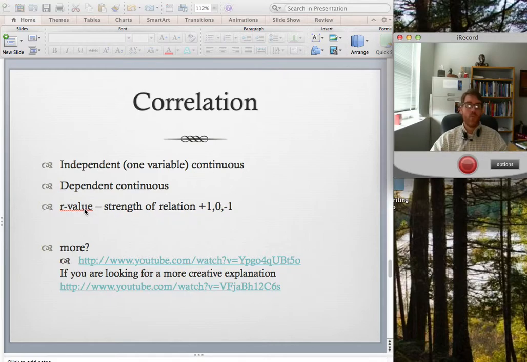This will give us an R value, which tells us the strength of that relationship. This is often called the Pearson's R correlation coefficient, or R value, which can be between +1 and -1. +1 meaning a positive, perfectly correlated, strong relationship, 0 being no correlation, and -1 being a negative correlation, strength of the relationship.